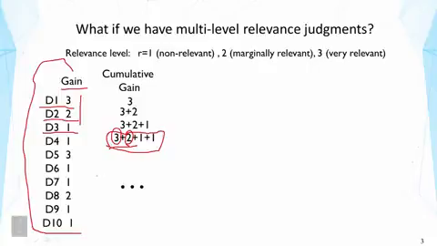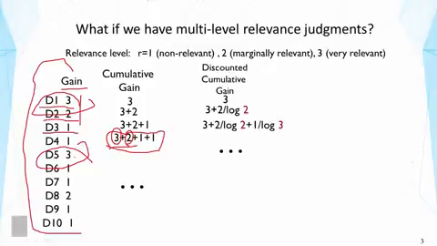Well, we have to say this 3 here is not as good as this 3 on the top. And that means the contribution of the gain from different positions has to be weighted by their position. And this is the idea of discounting, basically. So we're going to say the first one doesn't need to be discounted because the user can be assumed to always see this document.